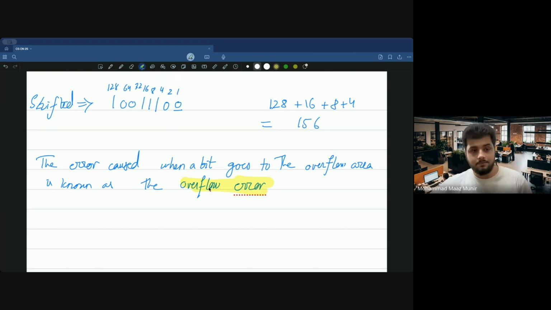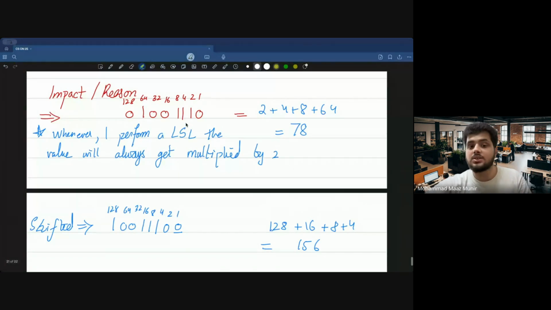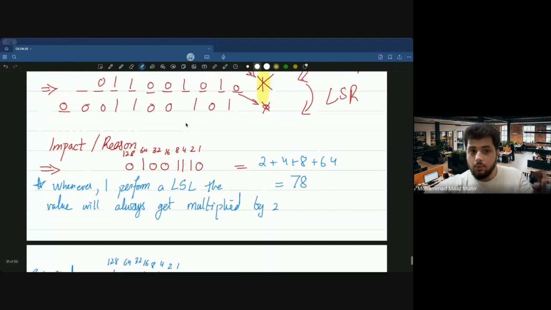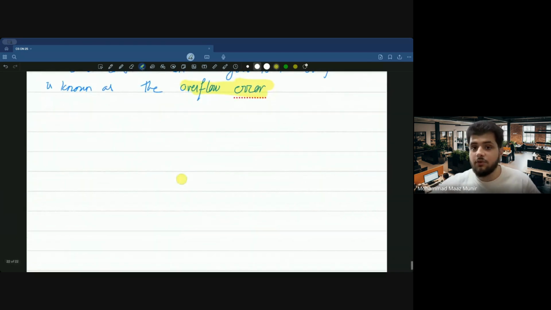Okay. Now, we learned that when we have a leftward shift, the value is going to get multiplied by 2. But we also saw that we also perform a logical right shift, right? So this means the right shift also has some sort of power, right? Now, what's the importance of rightward shift?